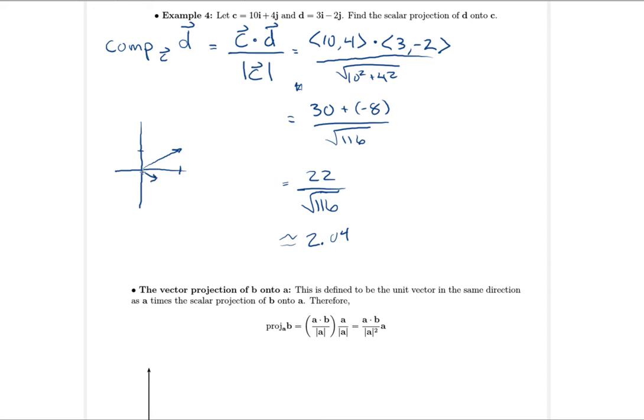So that's my D. And so the idea here is I'm finding the projection of D onto C. So imagine a light source down here shining on it. I project that directly to there. And so this little red along C, that's what we just calculated. Okay, so that's the 2.04.